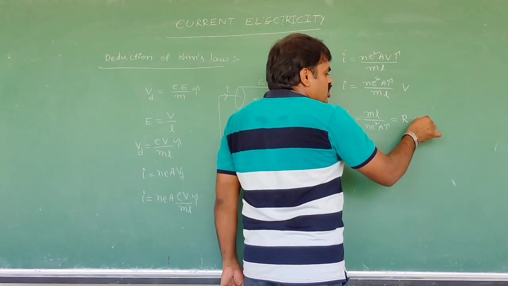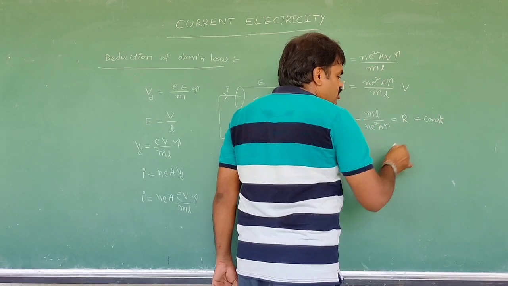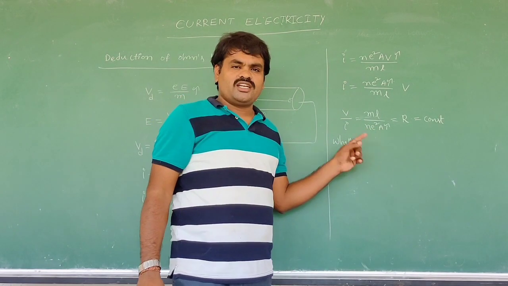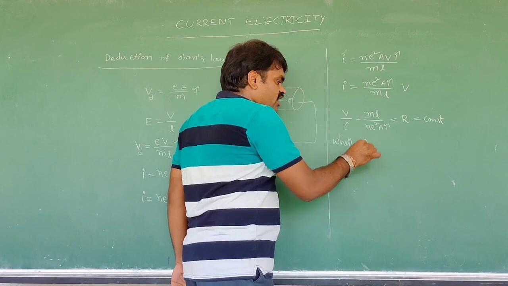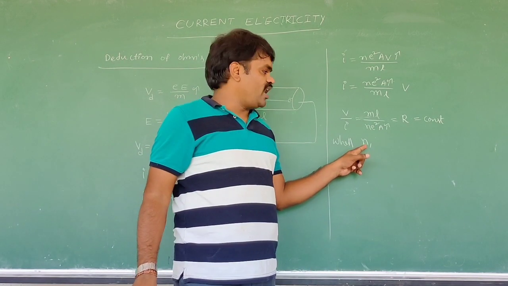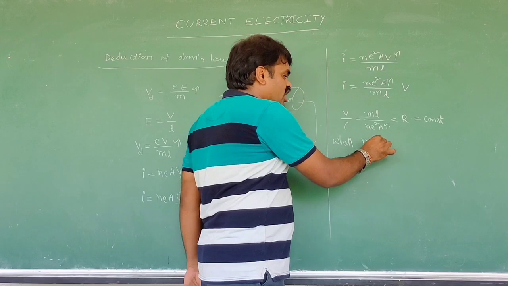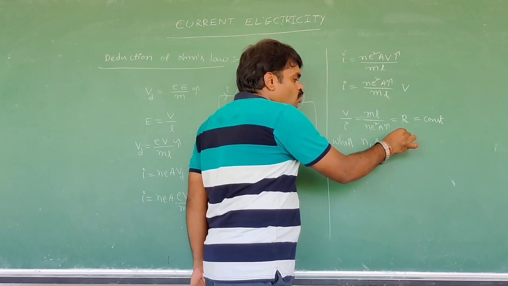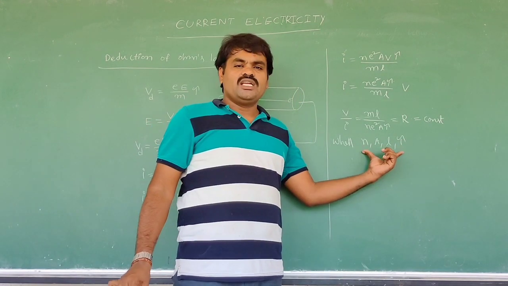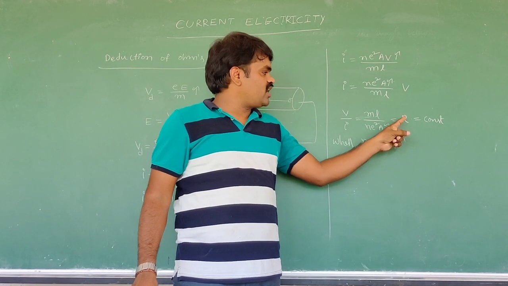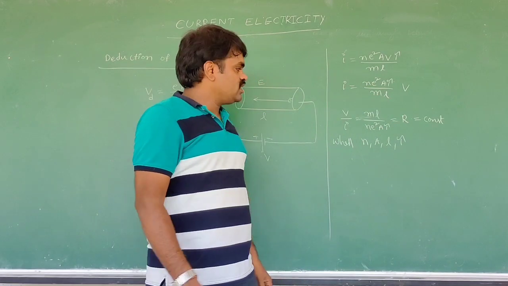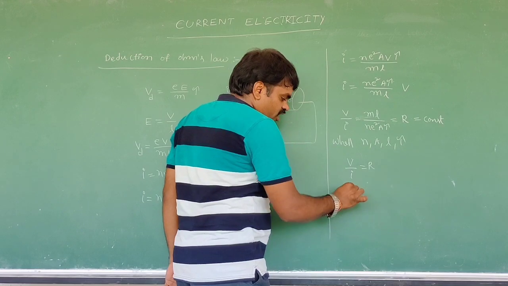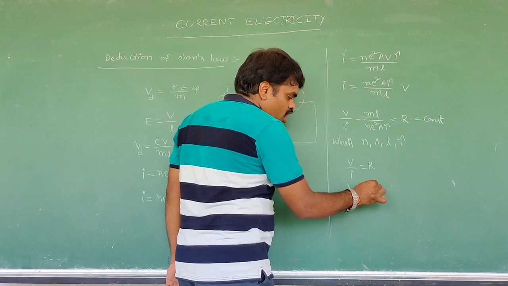R is a constant for a given conductor, when the number density of electrons N, cross-sectional area, length of the conductor and τ are constant. That is, V by I is equal to R.